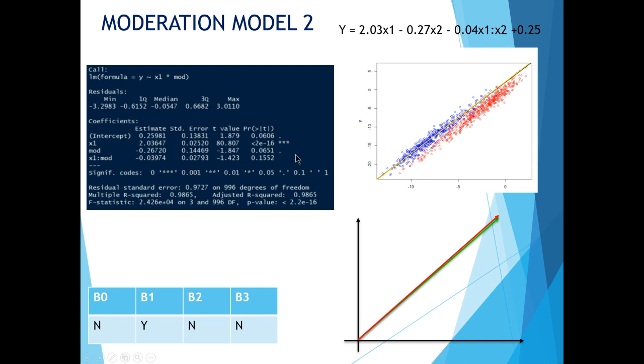And x1 is significant at the 0.05 level, while the moderator and the interaction, there's no significance there. It gives us this formula up here, 2.03 minus 0.27 x2 minus 0.04 x1 x2 plus 0.25.